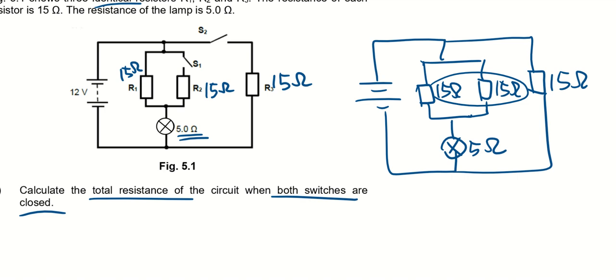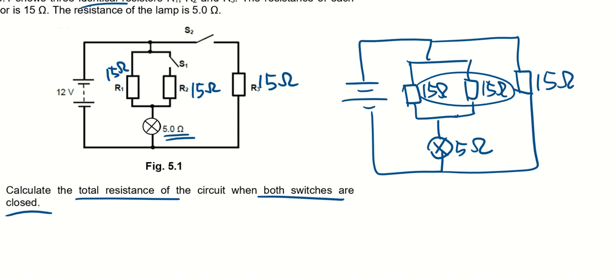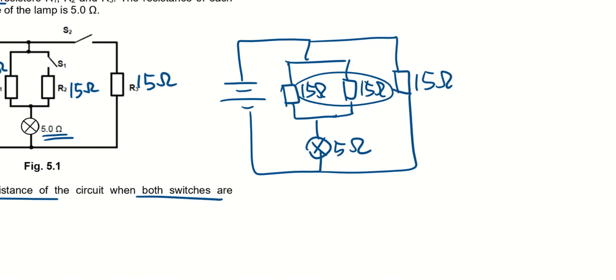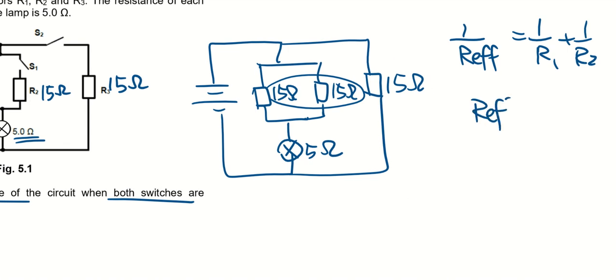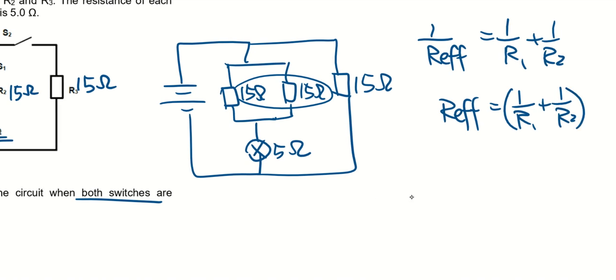If we have resistors in parallel, usually we use 1 over REFF equals 1 over R1 plus 1 over R2, then we do the inverse to find our REFF. However, if we have two resistors in parallel and they happen to have the same resistance, the effective resistance will be half of one resistor.